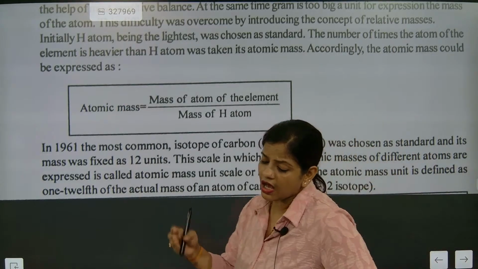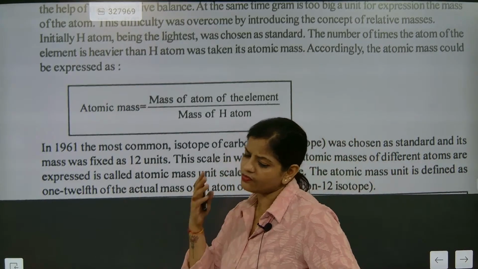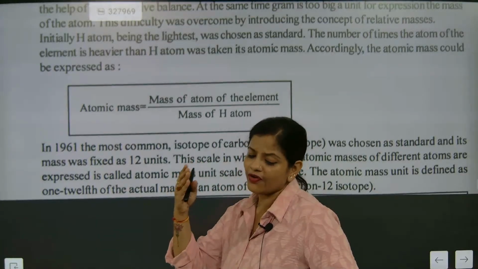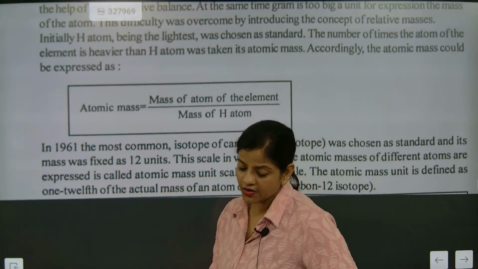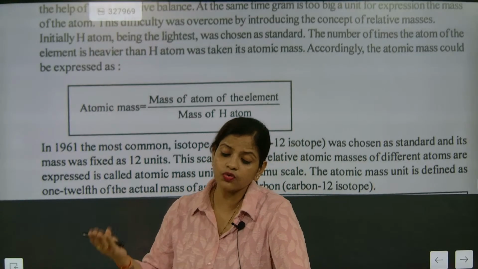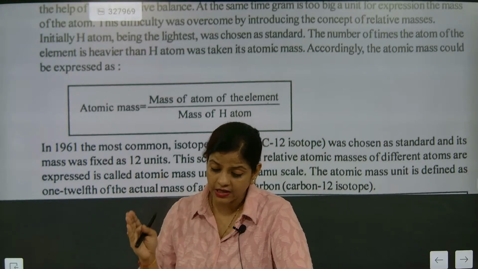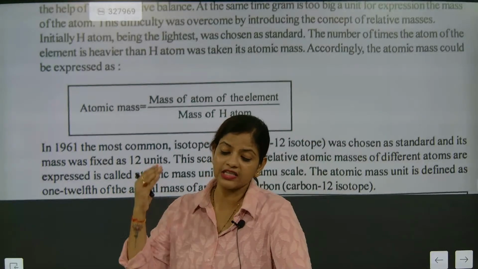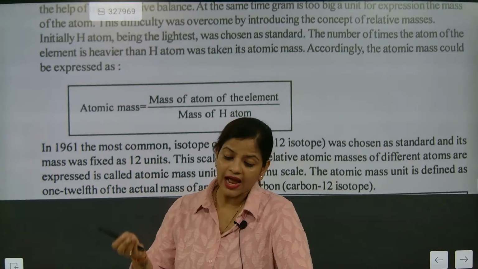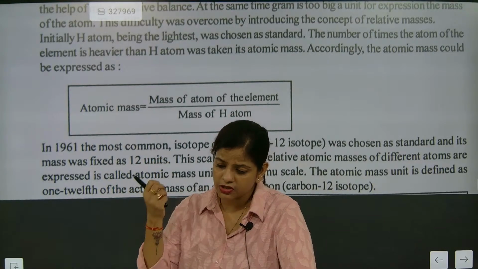So what was the concept? First they took hydrogen to find the relative mass. Why take something to relate? Because in gram we cannot find the mass of an atom, since the atom is the smallest unit.